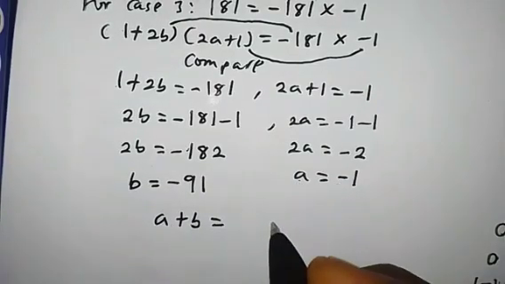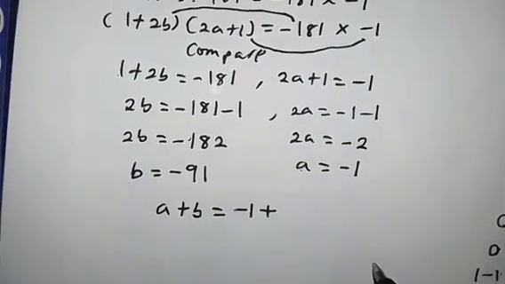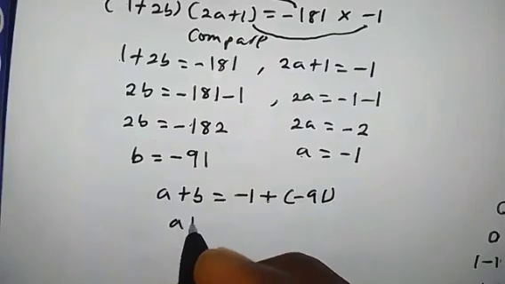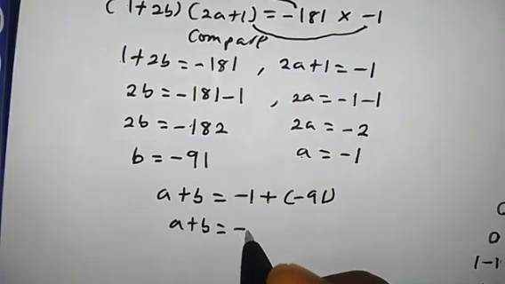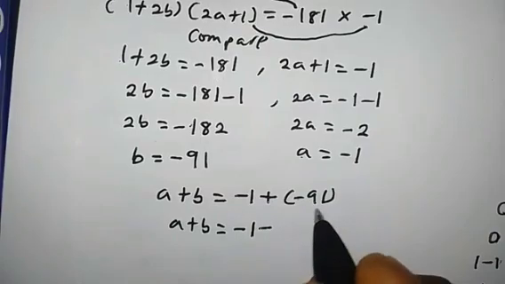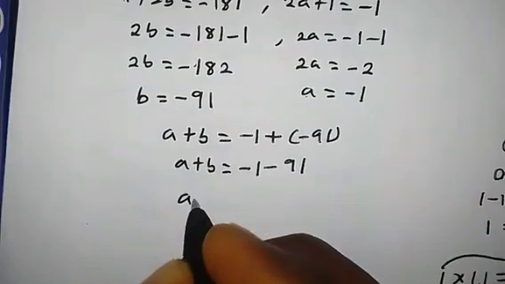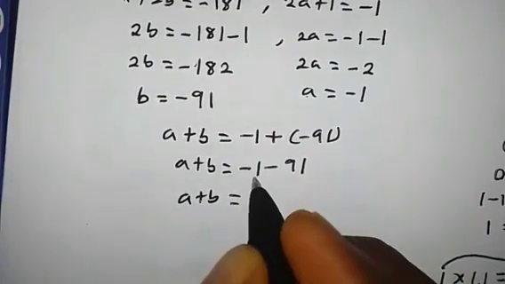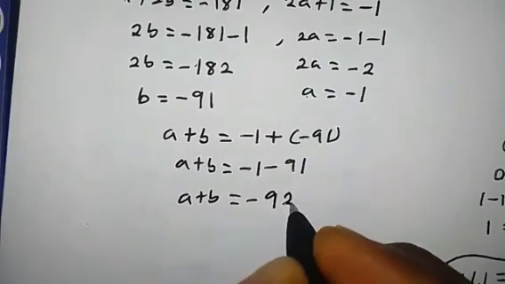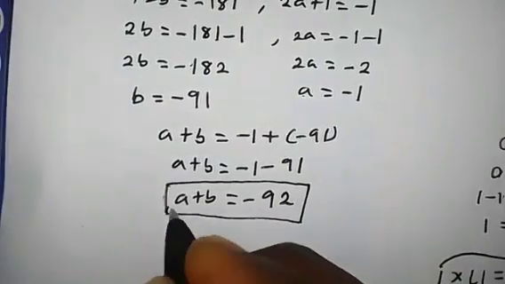A is negative 1 plus b is minus 91. Clearly, a plus b equal to minus 1 minus 91, that is minus 92. This is another value of a plus b.